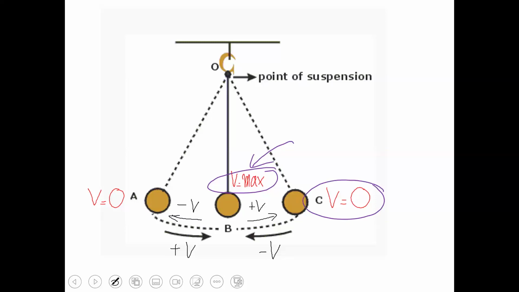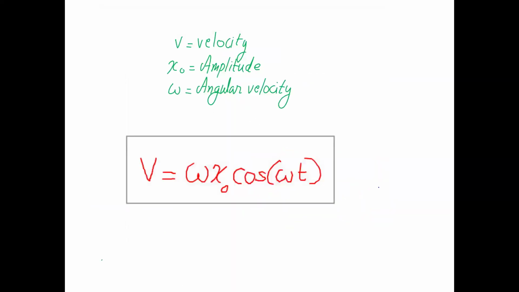At the extreme position, velocity will be zero. Here x is the displacement, x naught is the amplitude, and omega is the angular velocity. V is equal to omega x naught cos omega t. This is the formula. Remember that velocity takes cos because displacement had taken sine.